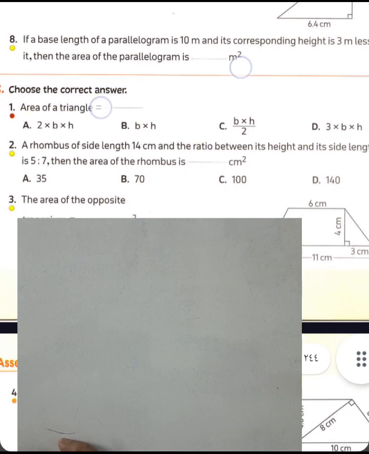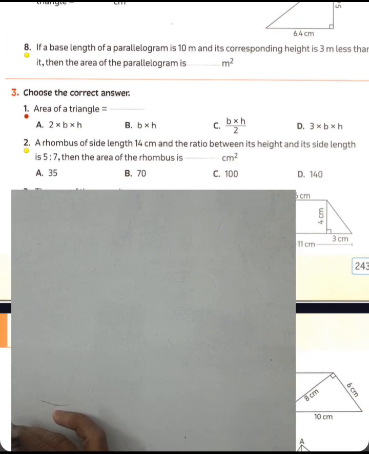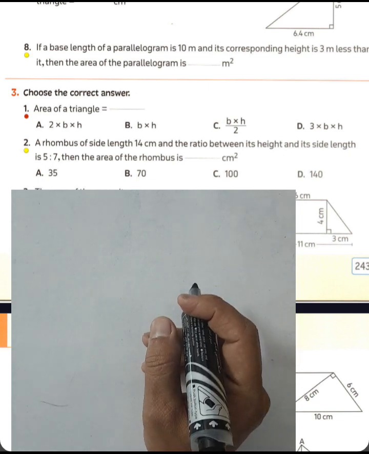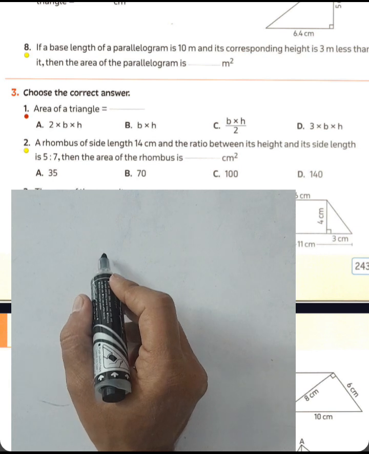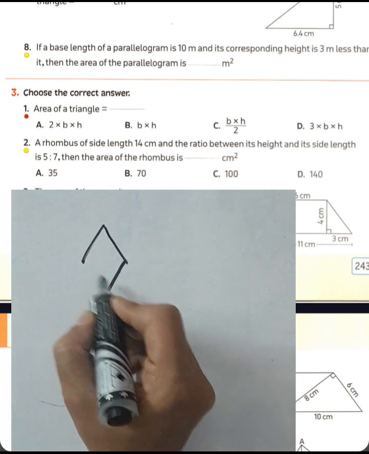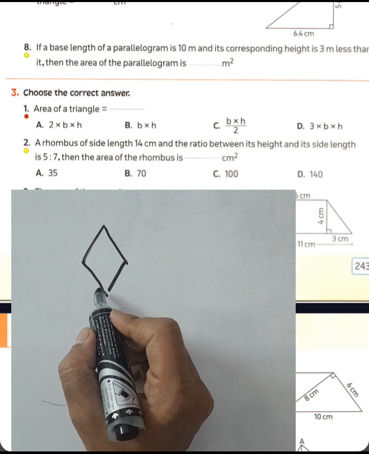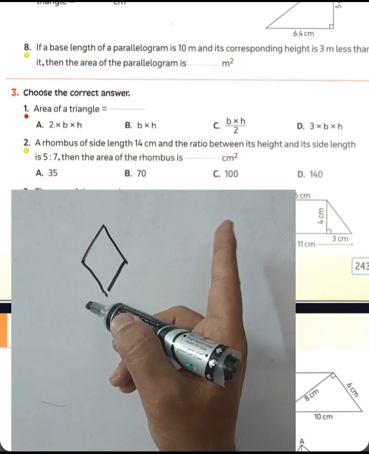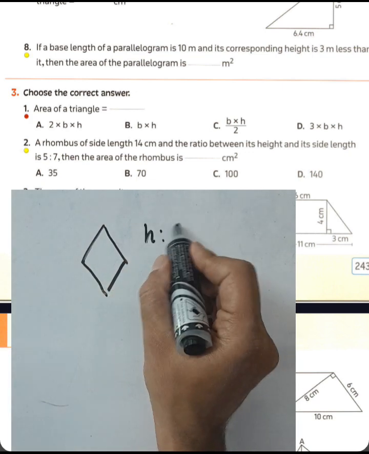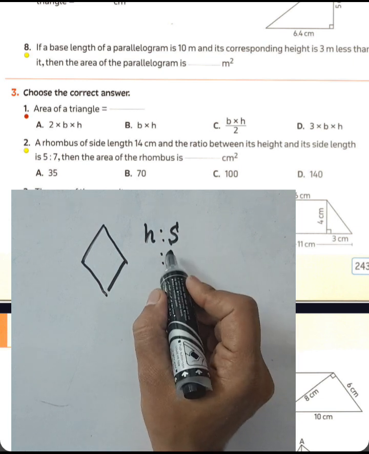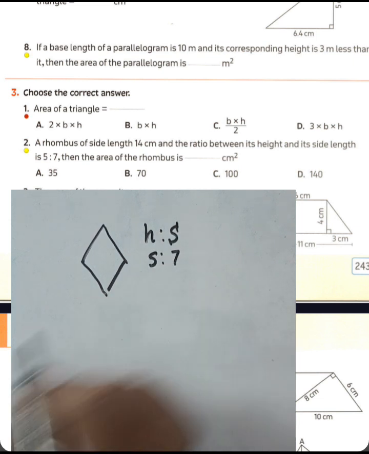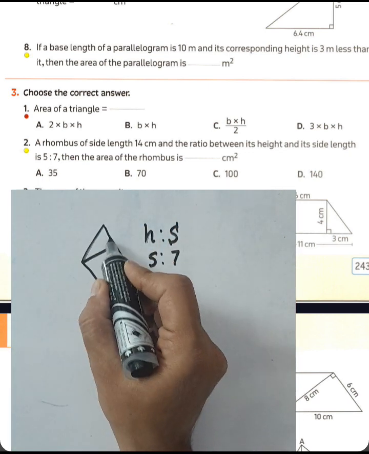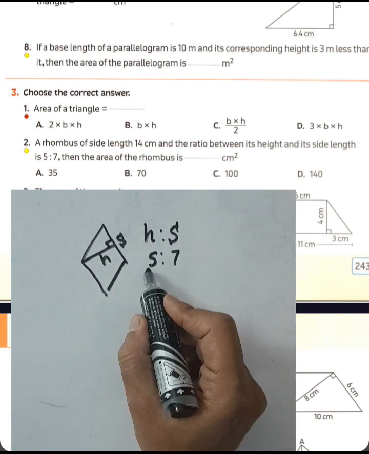Question number 2. A rhombus side length 14 centimeter and the ratio between the height and its length is 5 to 7. Then the area of the rhombus equals what? In this example he gives us the ratio between height and its side, the ratio between them is 5 to 7.